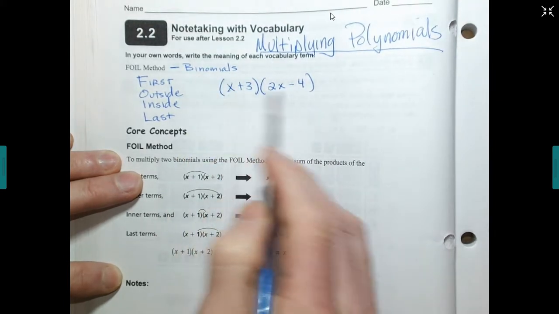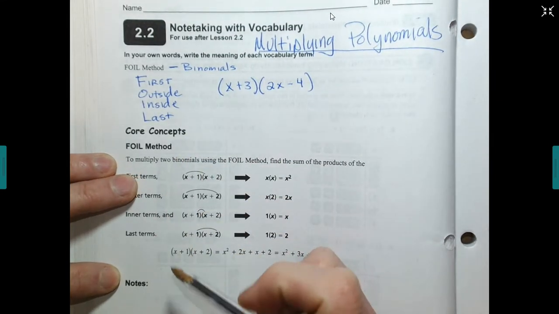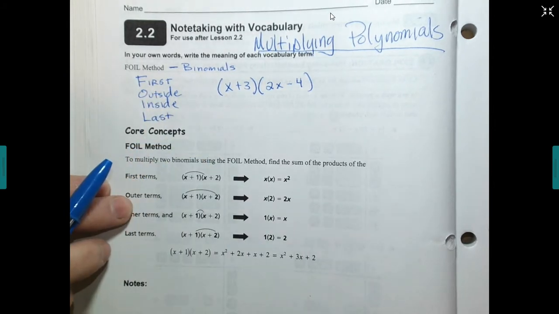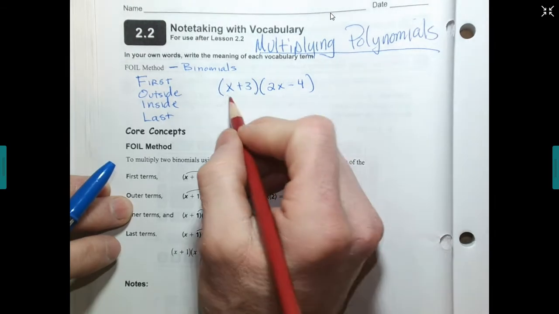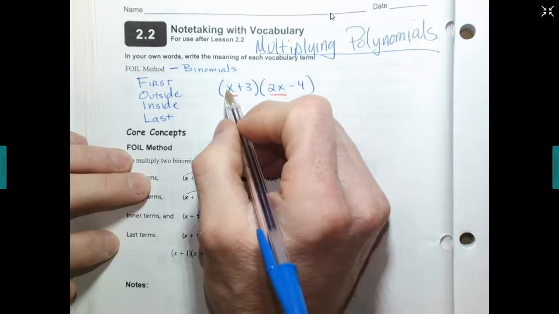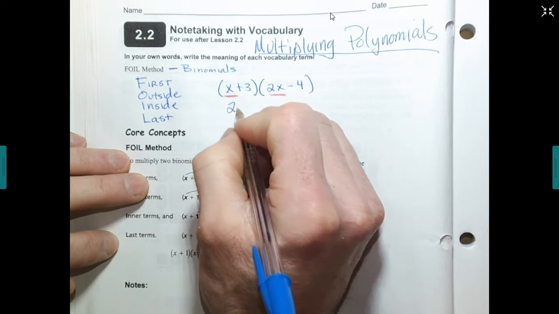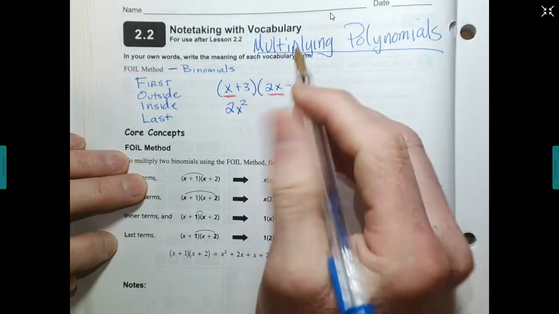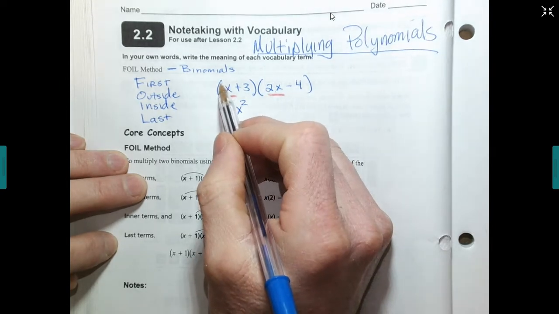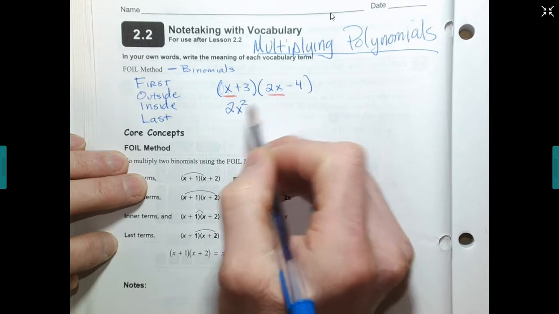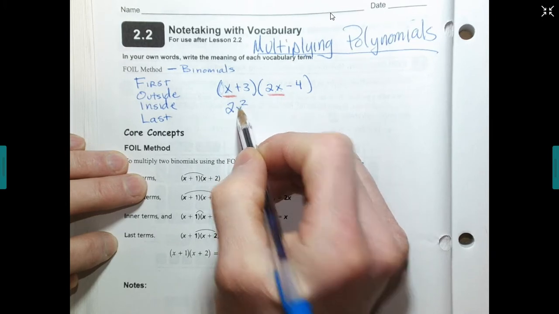So there's two binomials. And if we're going to do the first numbers, those are the two. So x times 2x is 2x squared. 2 times 1, because you know the coefficient here is a 1, so 2 times 1 is 2. x times x is x squared.